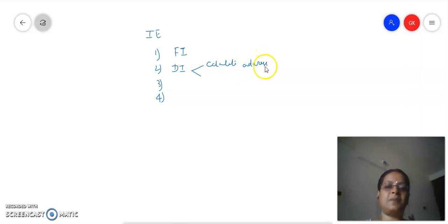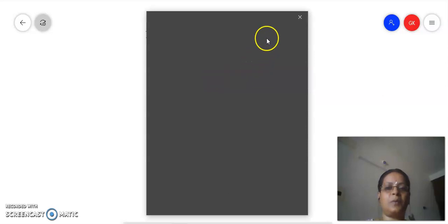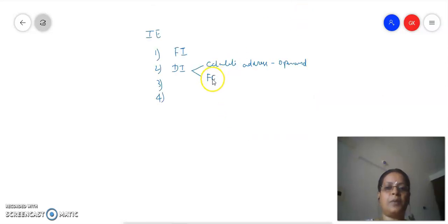It will calculate the address of the operand on which we are going to perform the operation. After calculating the effective address of the operand, it will proceed to fetch the operand. After fetching the operand, it will be ready for execution. After executing, it will write the result.